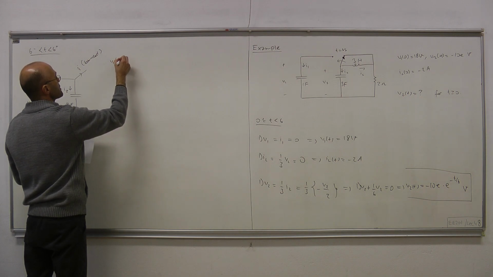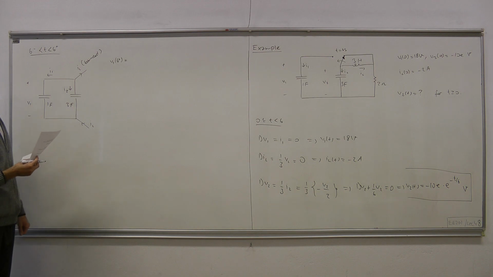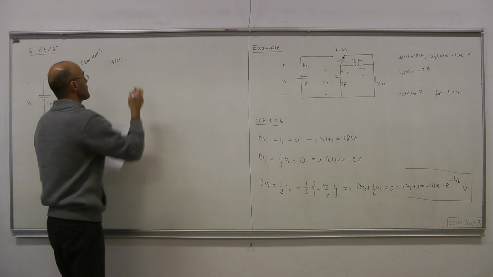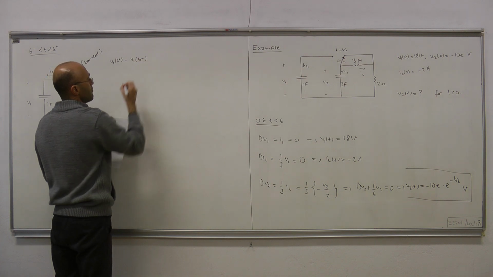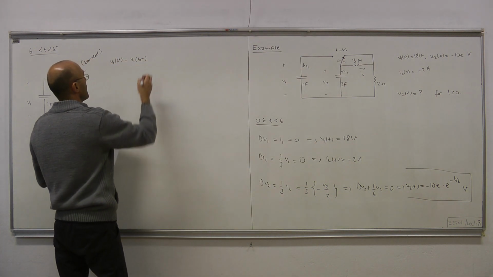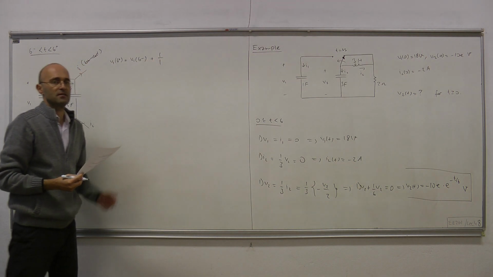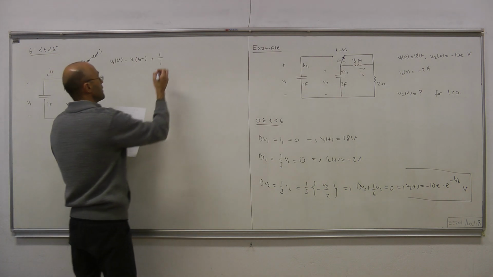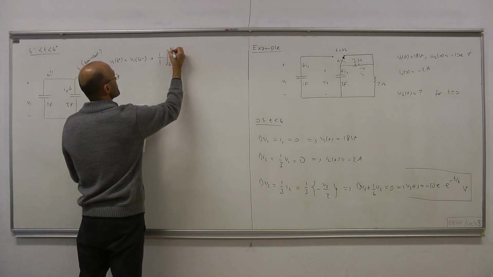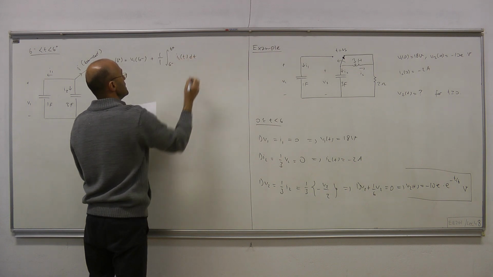V1(6+), the voltage V1 at t equals 6 plus, equals V1(6-), which we know is 18, plus 1 over the capacitance, so 1 over 1 for this case, integral from 6 minus to 6 plus of I1(t) dt.